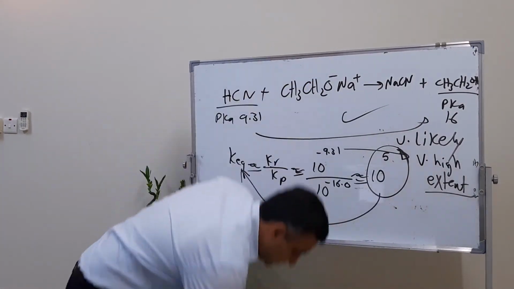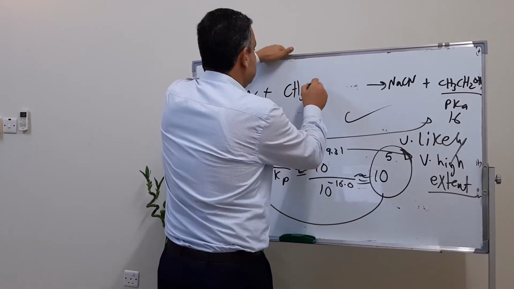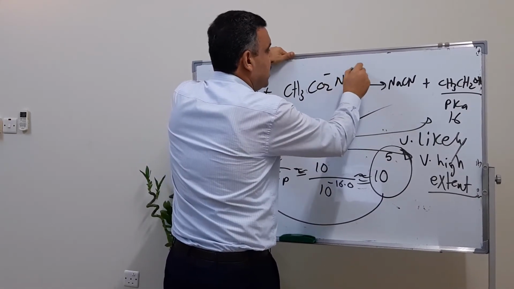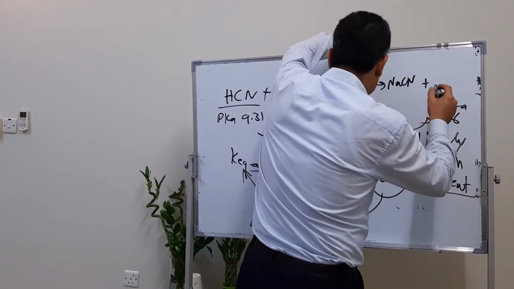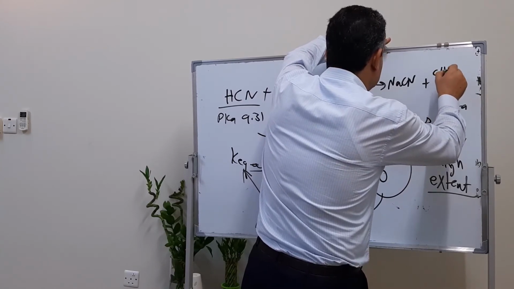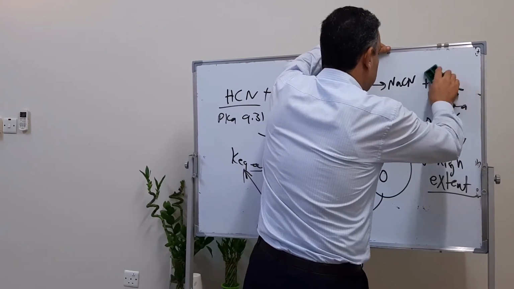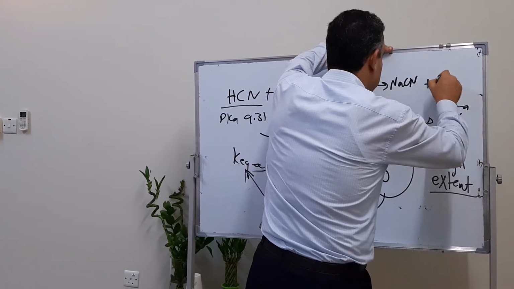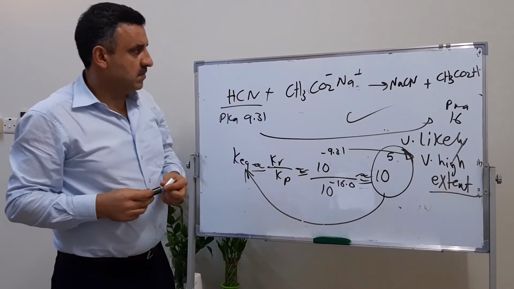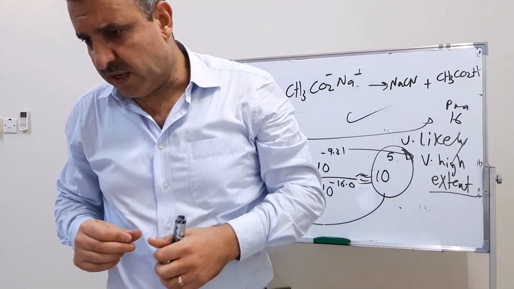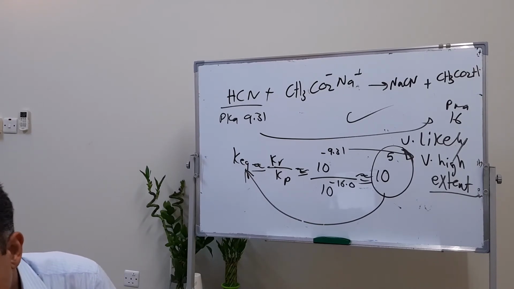So this is here CO2 minus and A plus, and therefore here we're going to get CH3CO2H. All right? Okay. Any other question?